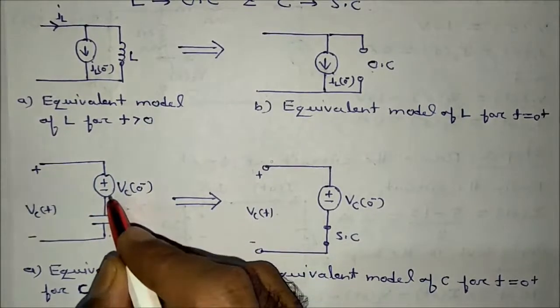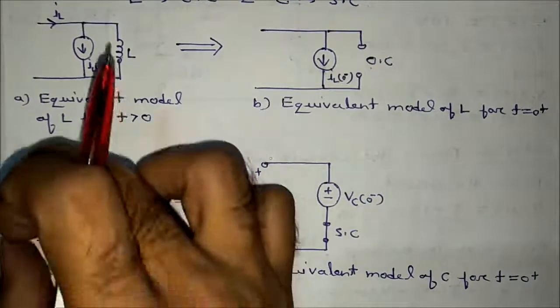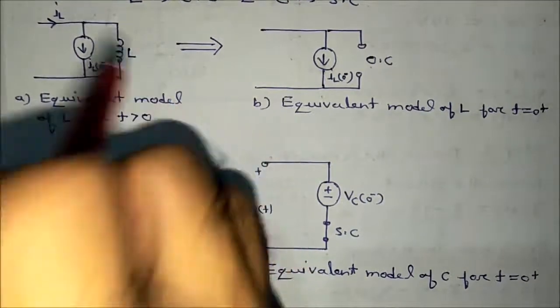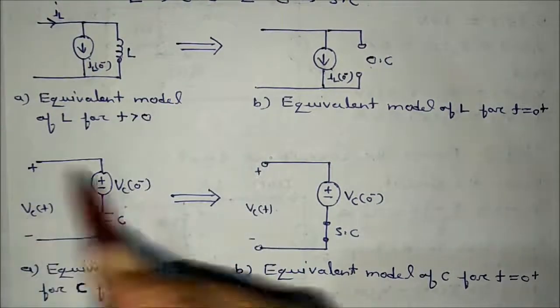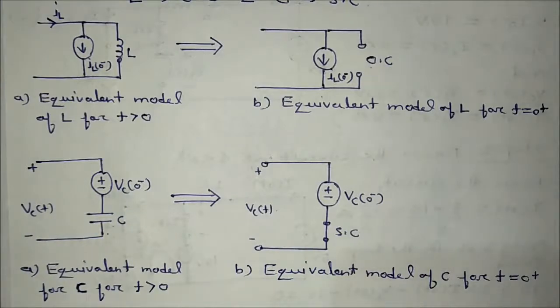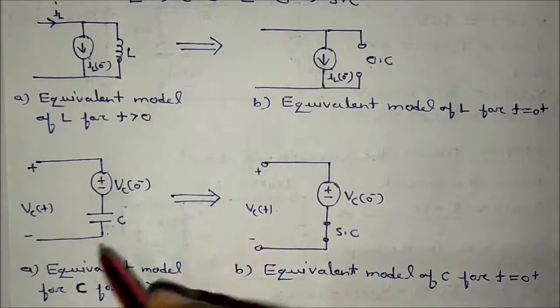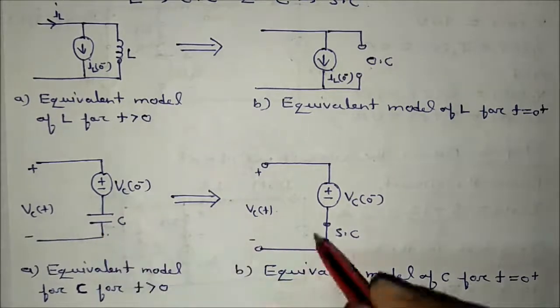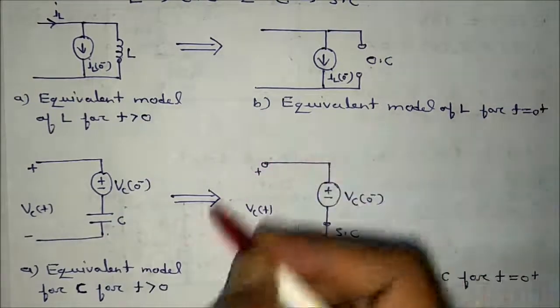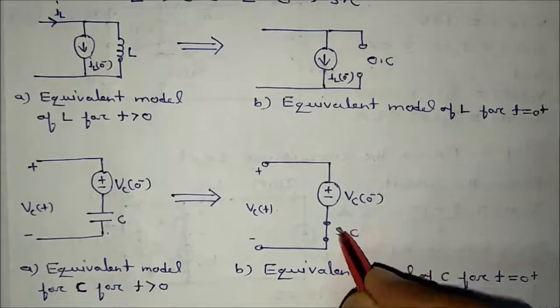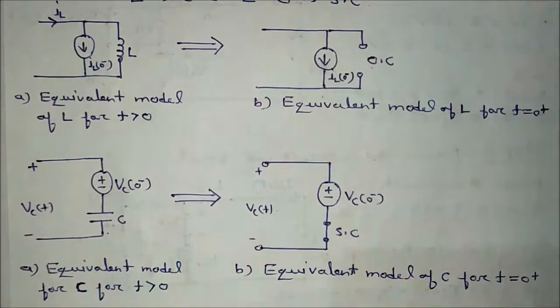This is the initial voltage source, this one is C, this is the total voltage across the capacitor. Okay, if you want to find the equivalent model for C for T is equal to exactly 0 plus condition, what will happen? This capacitor will be what? Short circuit. This is the equivalent model of capacitor at T is equal to 0 plus. This is the equivalent model of what? Inductor at T is equal to 0 plus.